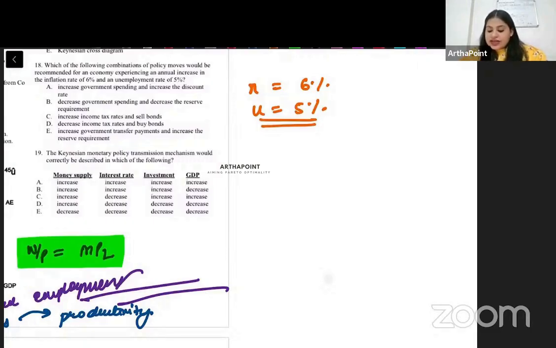Second says decrease government spending and decrease reserve requirement. Third says increase income tax and sell bonds. So this should be correct. Increase income tax and sell bonds. Let me give you the reason why.